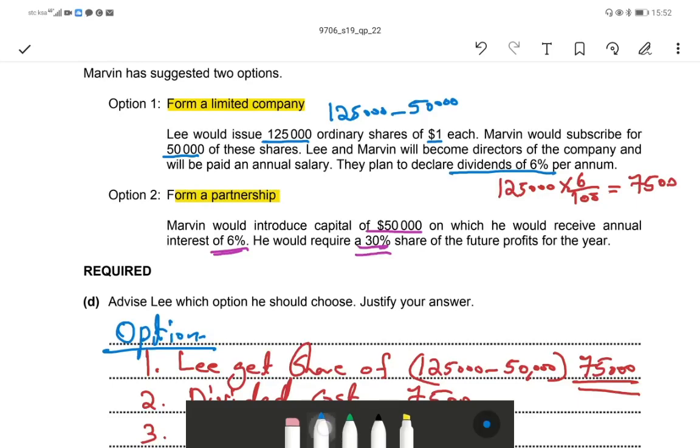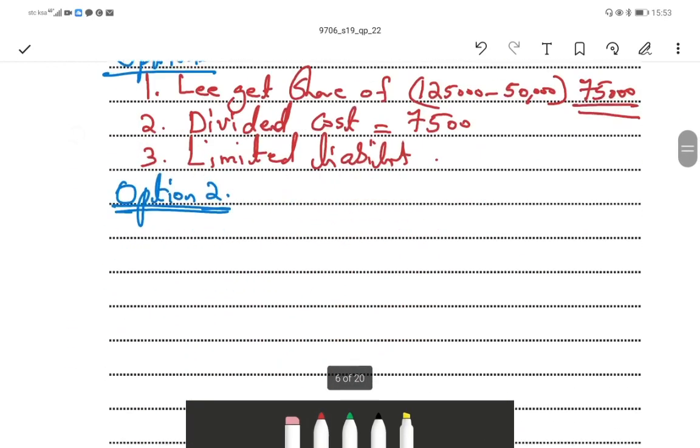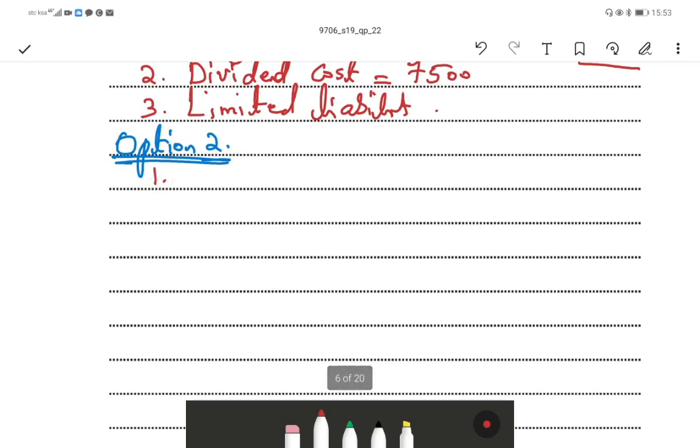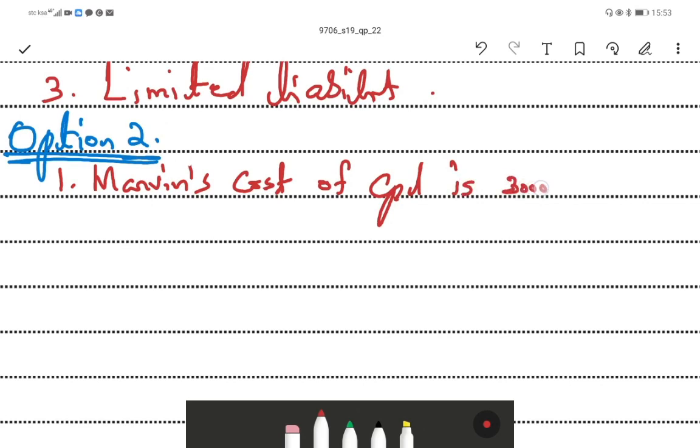What is the interest amount? 50,000 multiplied by 6% is 3,000. So Marvin's cost of capital is 3,000 per annum.